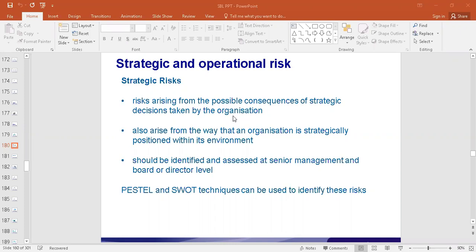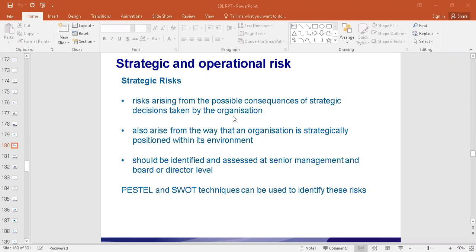Sometimes external factors, even at the global level, do affect the organization, not enabling them to achieve their objectives, not able to implement their strategic plans effectively.